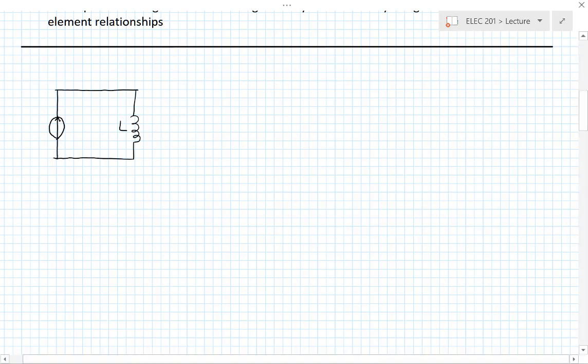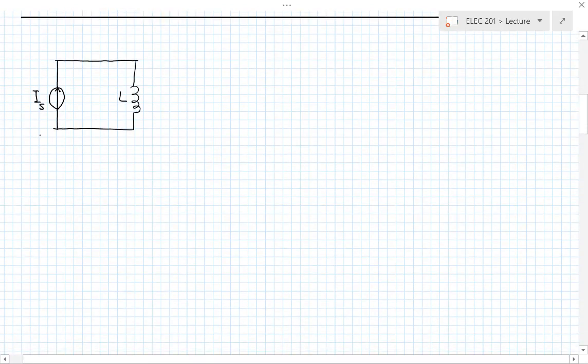Let's call it IS, like we had yesterday, connected to that inductor. And IS, so again, this is all examples. And IS has this behavior, what we had yesterday.